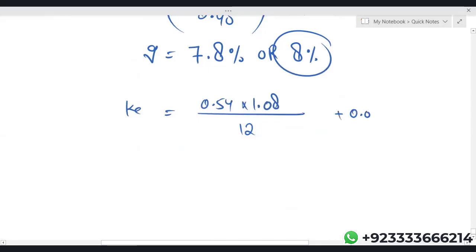Plus that 8%. So 0.54 into 1.08 divided by 12, plus 8%. I'm getting 12.86%.